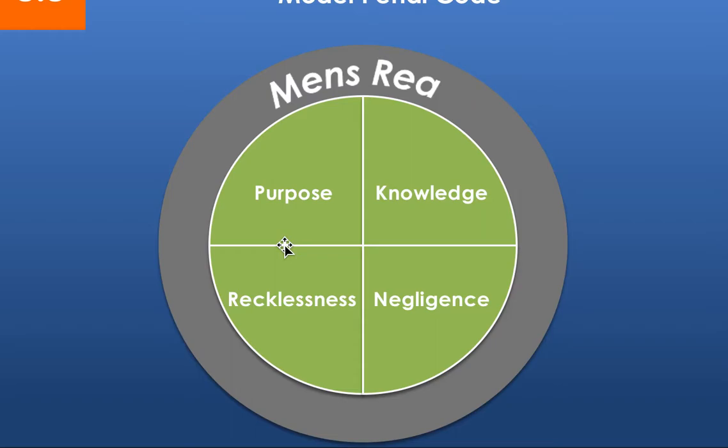So with mens rea, we have to talk about the four levels of mens rea, the four ideas behind the guilty mind, the evil mind, the bad mind, the criminal mind. When we talk about mens rea, we have to talk about purpose, knowledge, recklessness, and negligence. We'll break it apart just like a pie here. Purposeful mens rea.